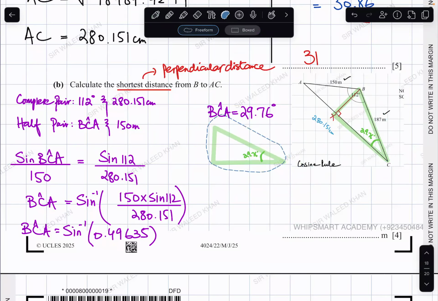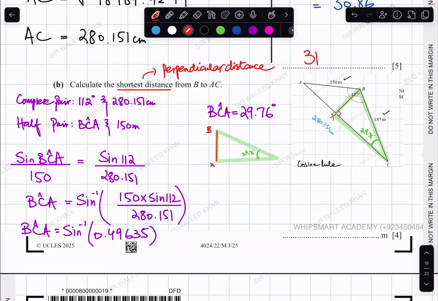All I have to do is find this height over there, BX. BX is required. The length for BC is given to us, that is 187.